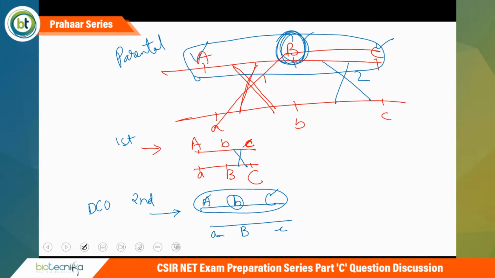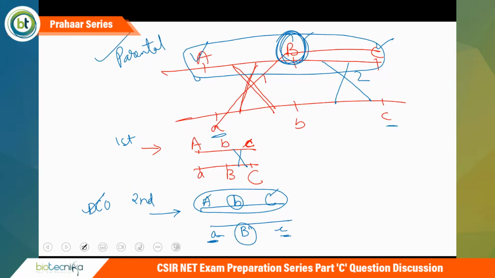Similarly, for the other chromosome, the genes on the sides are the same, small a and small c, but the middle one has changed. So if we want to find the order, we have to locate the middle gene, and we get it by comparing the double crossover with the parental.